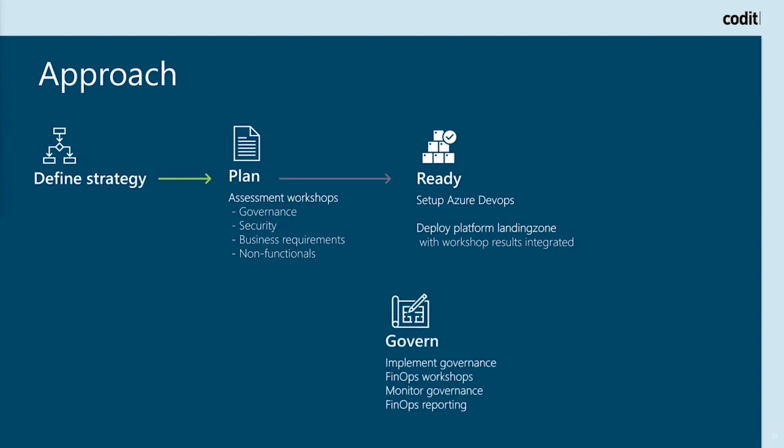While deploying the landing zone, you of course also start with the governance part. So you implement the designs that you have set up in the governance so that everybody needs to comply with what you have decided. You start with the kickoff of the FinOps, because from the start it is important to get the finance teams on board so that they are at ease with the new way of working.